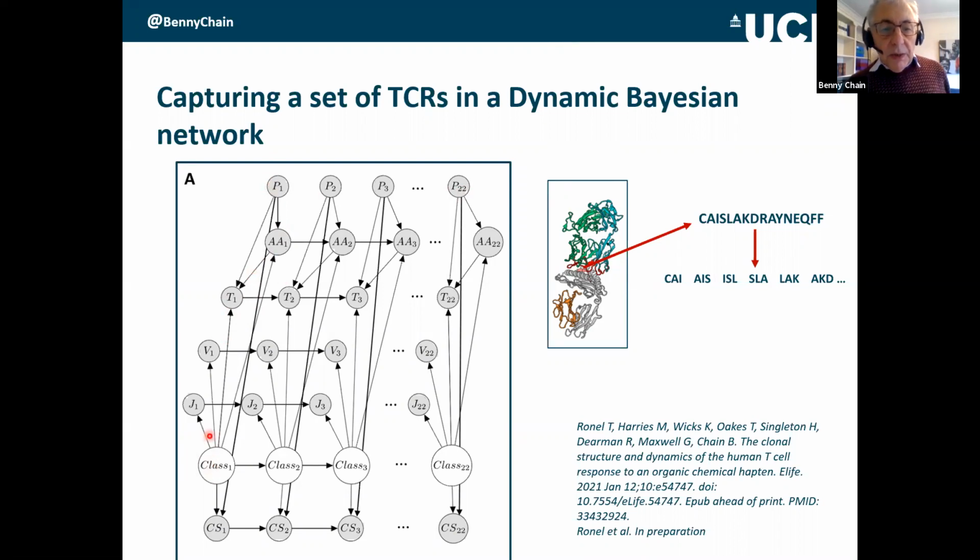So you could imagine that you might have two classes of TCRs, one recognizing COVID and another recognizing flu, and you can build up a probabilistic model where these nodes are probabilities of any feature that you want on those sets of TCRs, conditioned on the antigen, or the peptide, which is stimulating the response. And these turn out to be really very flexible and powerful tools for looking at T cell receptors, and we're exploring that in more detail now.